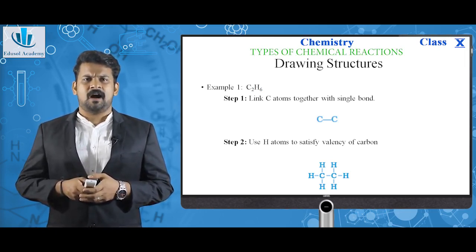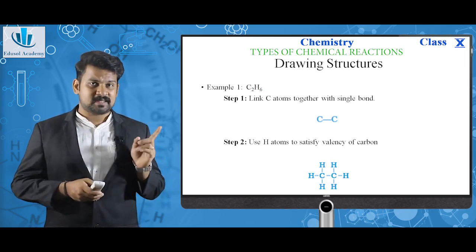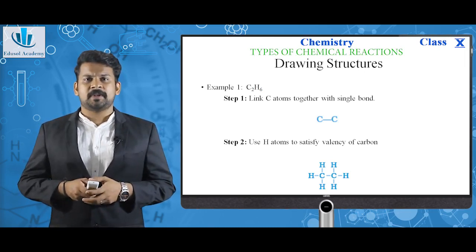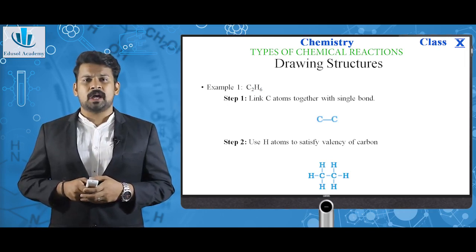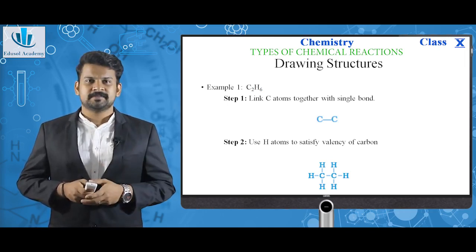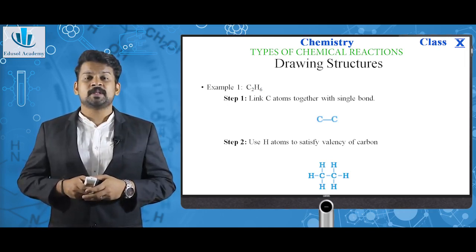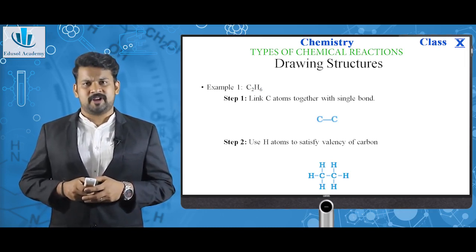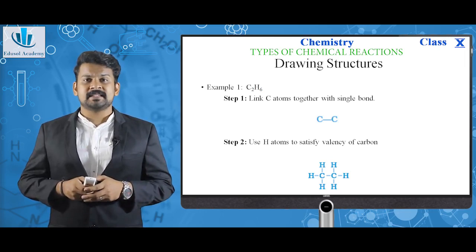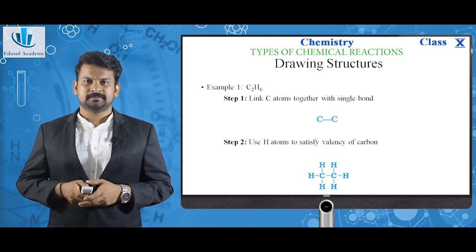Different steps are: Step 1, linking carbon atoms together with single bond. There are two carbon atoms. We are linking the two carbon atoms with single bond. Step 2, using hydrogen atoms to satisfy the valency of carbon. There are 6 hydrogen atoms. So we are placing the 6 hydrogen atoms by single bonds on the carbon.